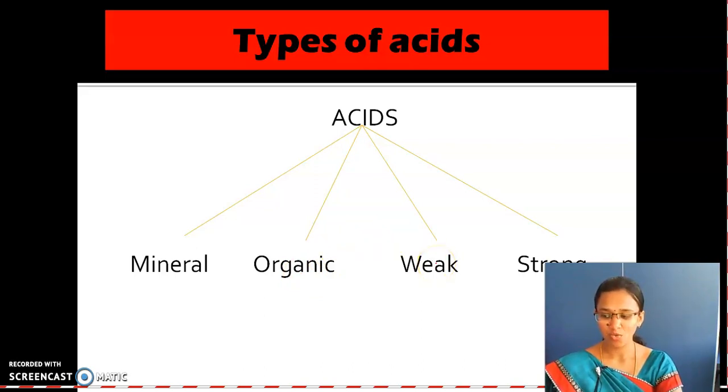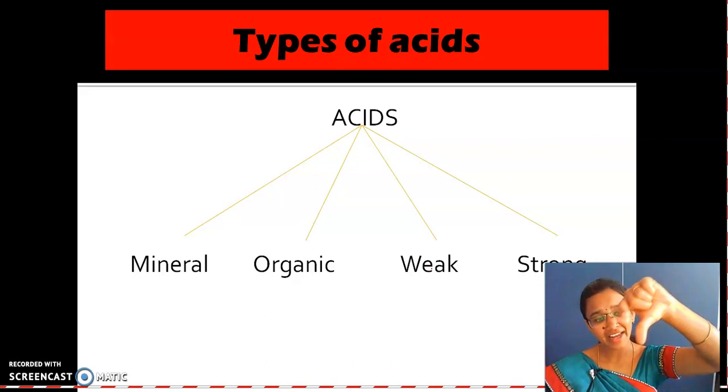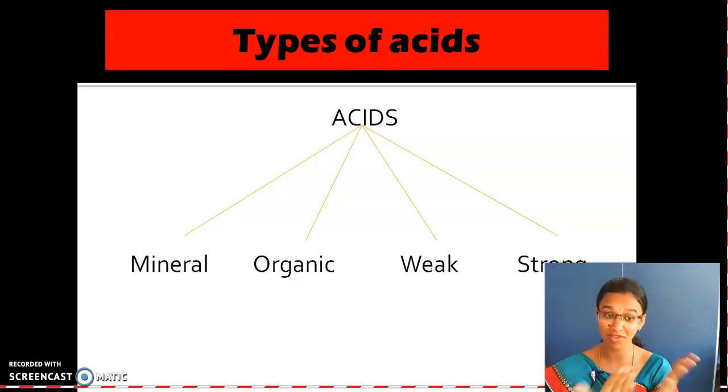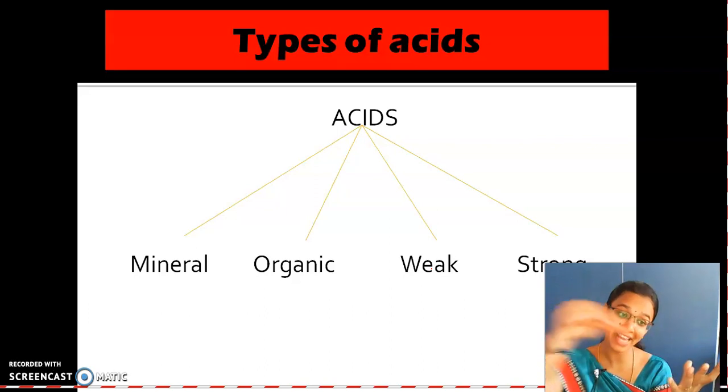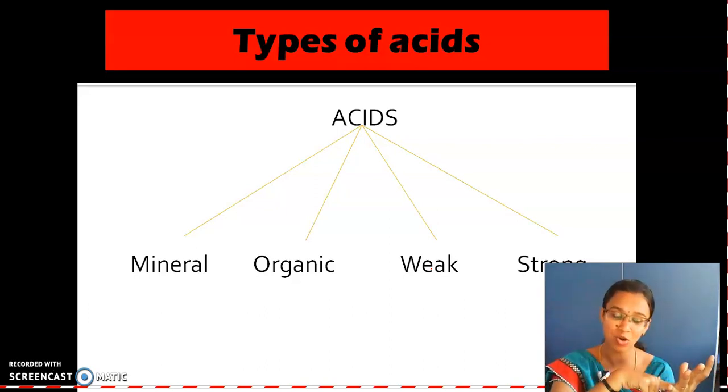Weak acid. What do you mean by weak acid? They do not dissociate completely into solution. That is, if you add that in a solution, they do not dissolve completely. But strong acids can dissociate the solution. If you have one solution and you add the weak acid in it, it does not get dissolved, it does not split that solution.